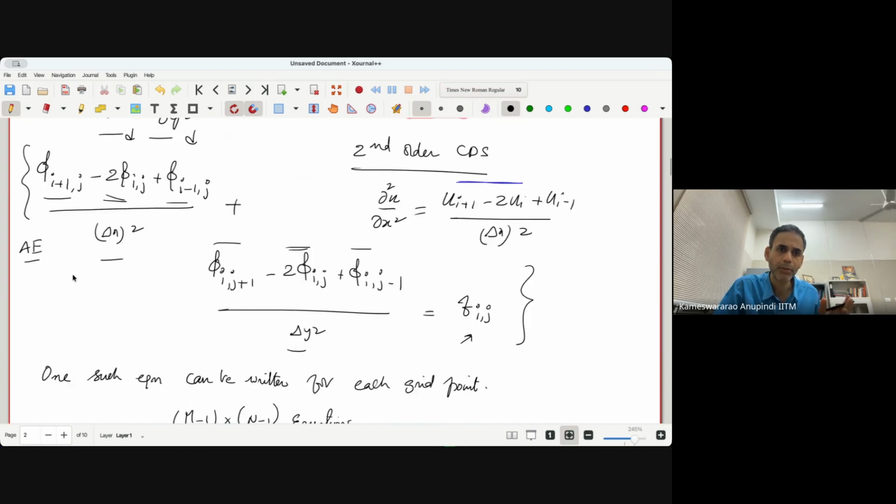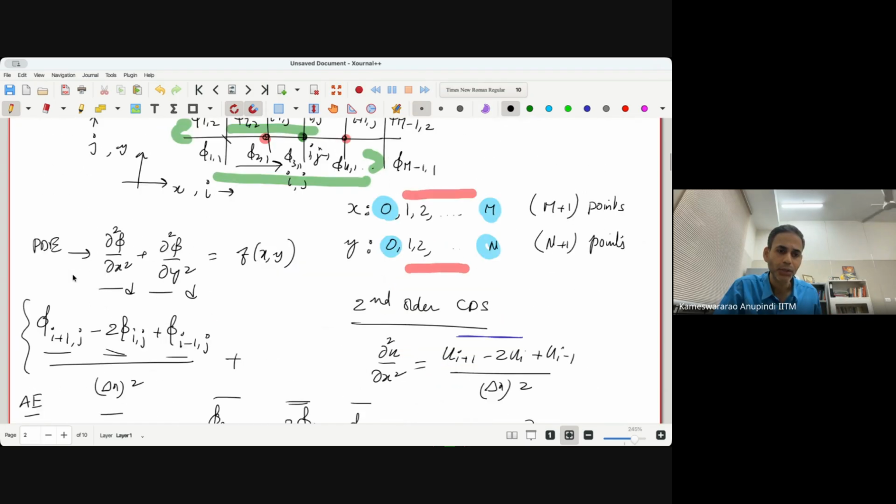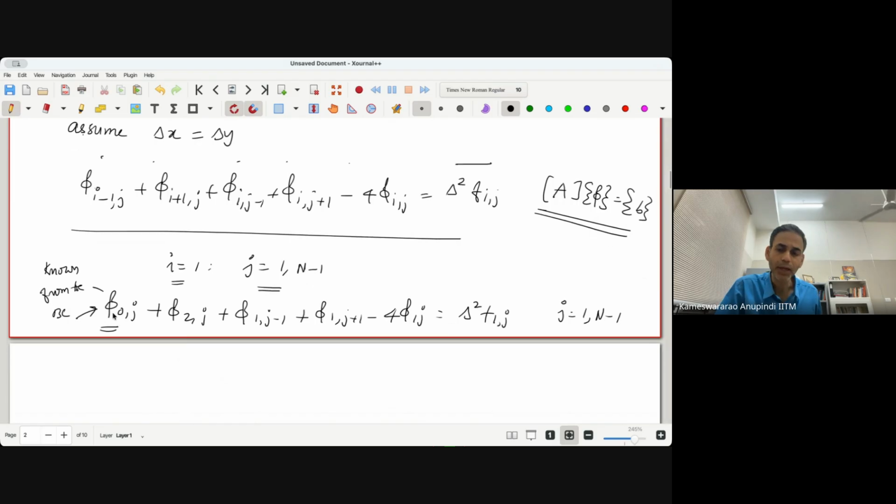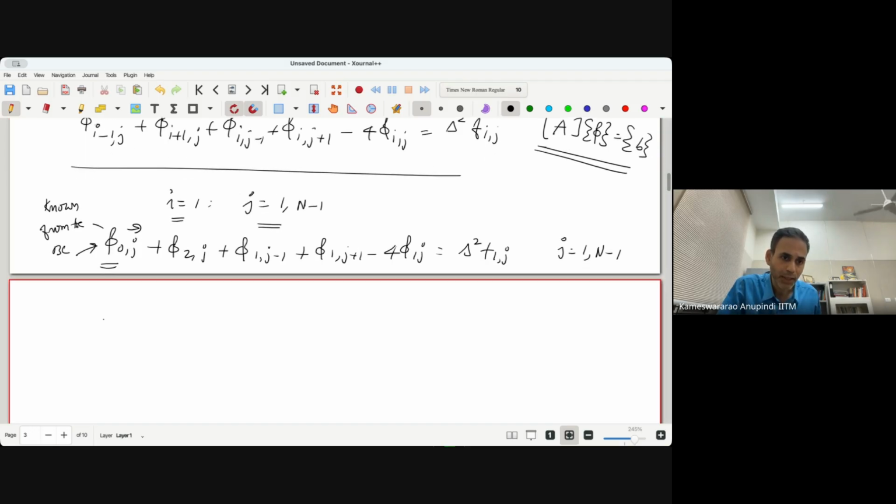The boundary condition was already applied on the left side boundary, so we already know this value. We don't keep a known value on the left hand side, because anything on the left hand side is treated as an unknown. So we send it to the right hand side and rewrite this as phi 2,j plus phi 1,j minus 1 plus phi 1,j plus 1 minus 4 phi 1,j equals delta square f 1,j minus phi 0,j.